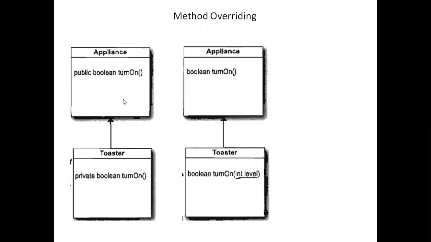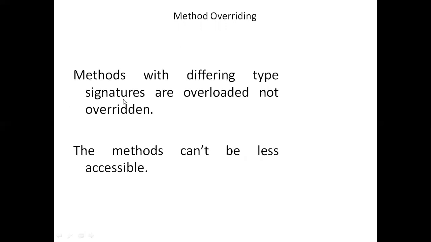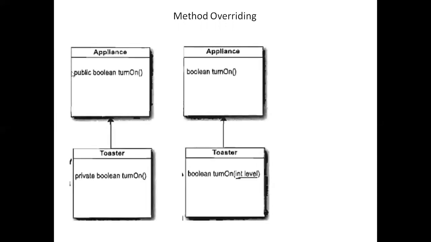When we look at the rules in the previous slide, we said that the methods can't be less accessible. So we clearly know that public is something which has more access compared to private. So this is not going to override your method. Here, boolean turnOn, and here we have int level. I am passing an extra parameter.